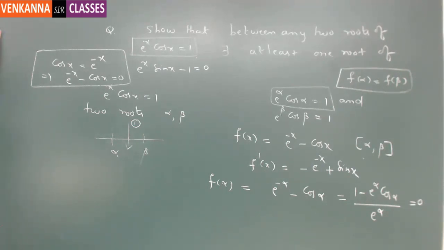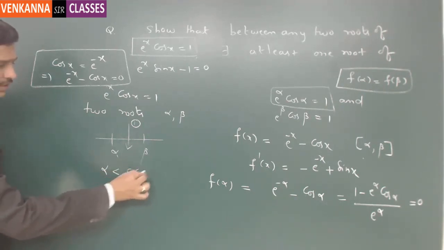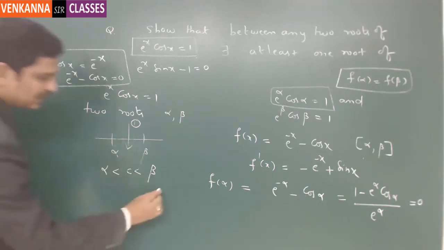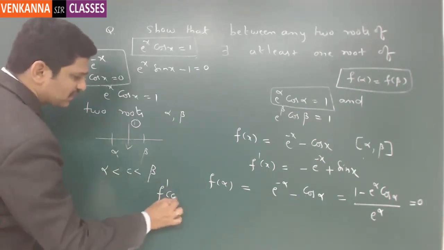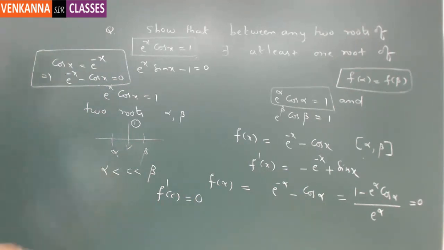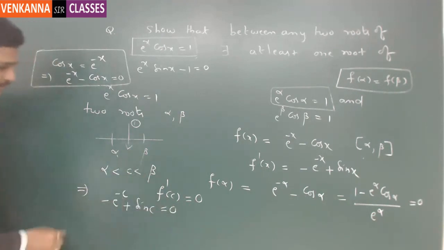Right. Now, if we apply Rolle's mean value theorem, there exists a value, let us say c, lying between alpha and beta, such that f dash of c is equal to 0. So this implies that, substituting the value here, minus e power minus c plus sin c is equal to 0.